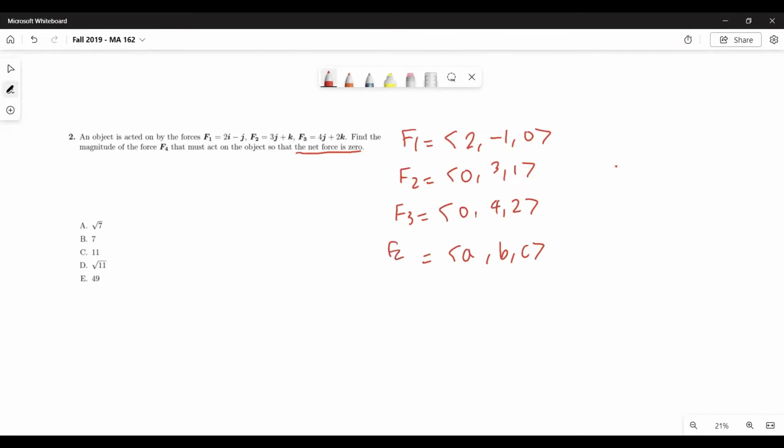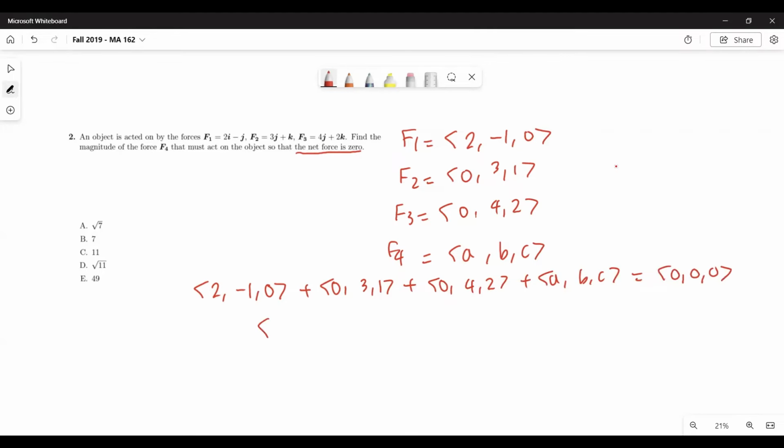Right. So if you add all of that, 2, -1, 0, plus 0, 3, 1, plus 0, 4, 2, plus A, B, C should equal 0, 0, 0. So if you add it, this becomes A plus 2. For the y component, -1, 3, 4, and B, this becomes B plus 6.